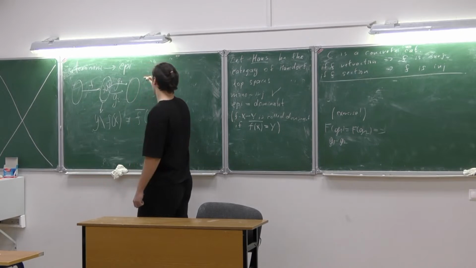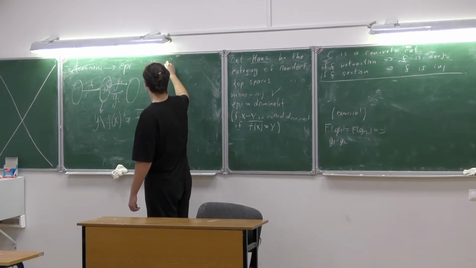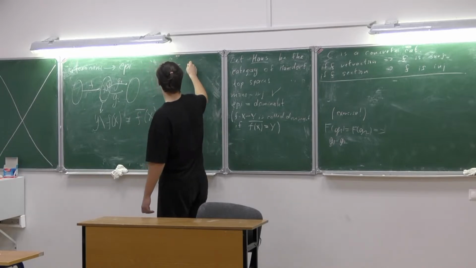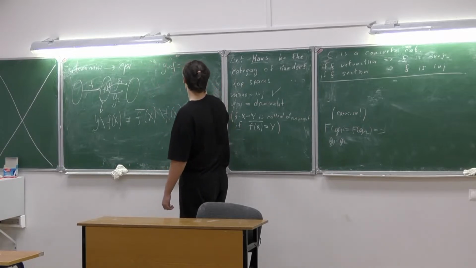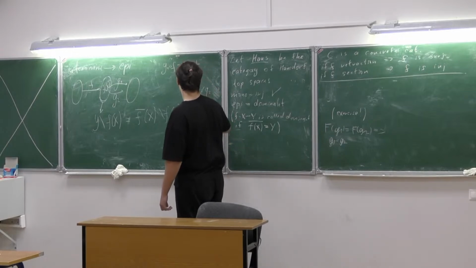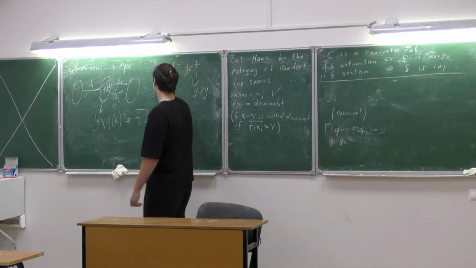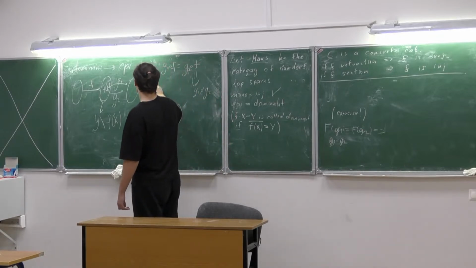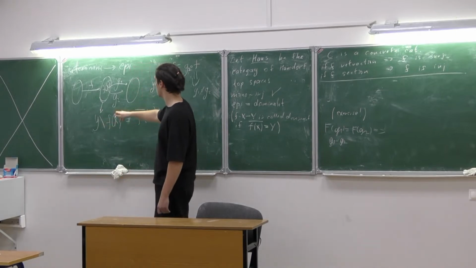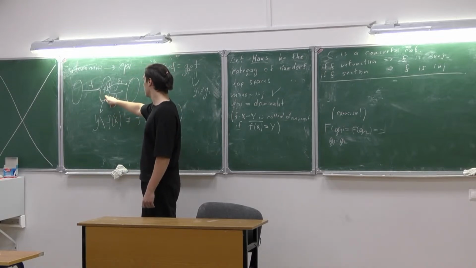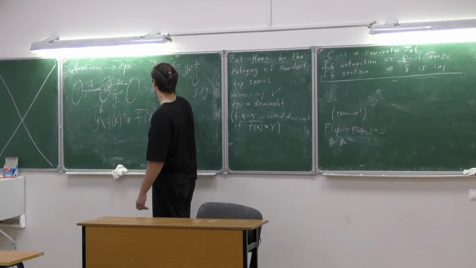If we want to prove that it is an epimorphism, we should look at G1 composition F equal to G2 composition F, and we want to prove from here that G1 is equal to G2. Let's suppose that they are not equal, then there should be some point y from exactly this place, because we know that here they should be equal.